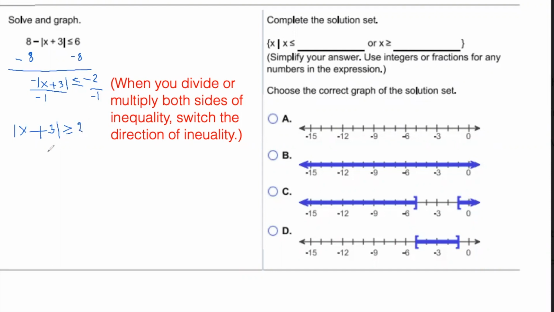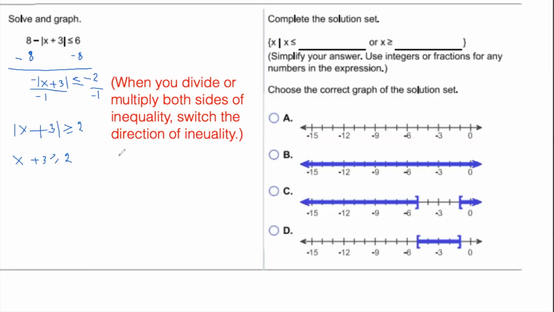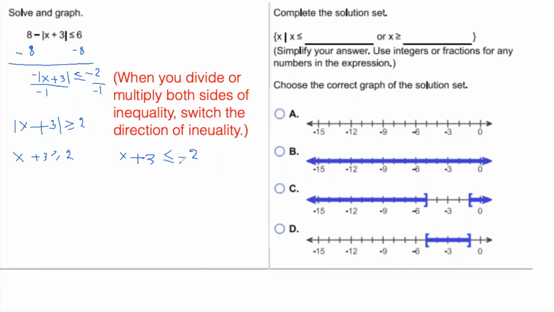Now we can split it into two equations. The first one will be x plus 3 more than or equal to 2, and the other one we can write x plus 3 less than or equal to negative 2. Now to solve it, we can subtract 3 from both sides.